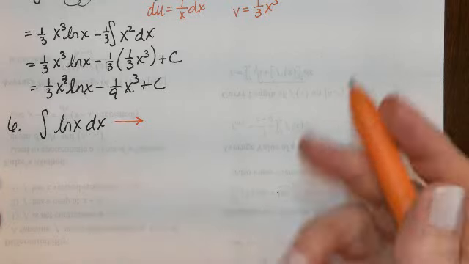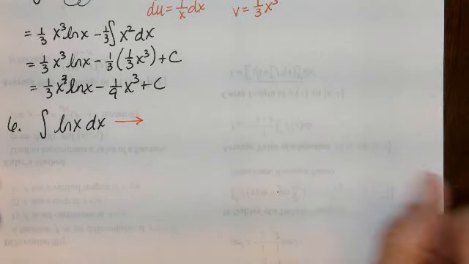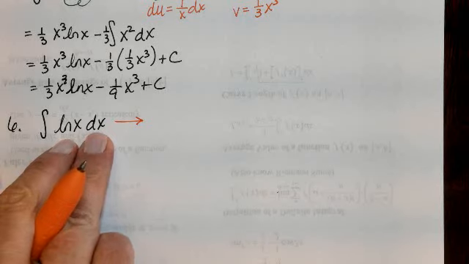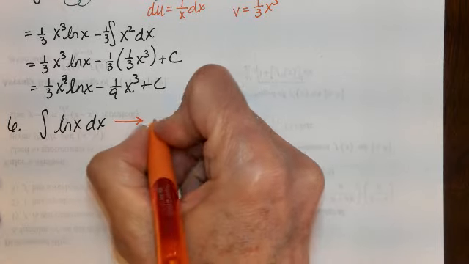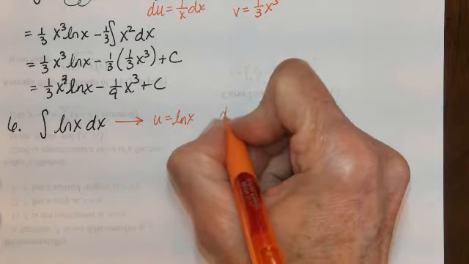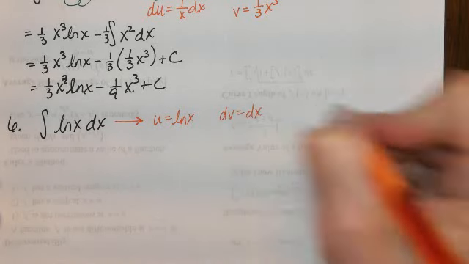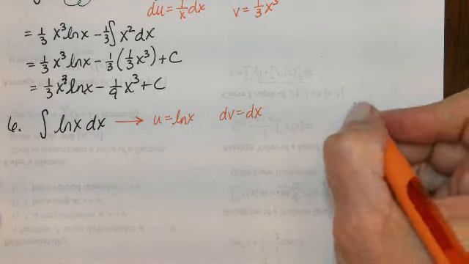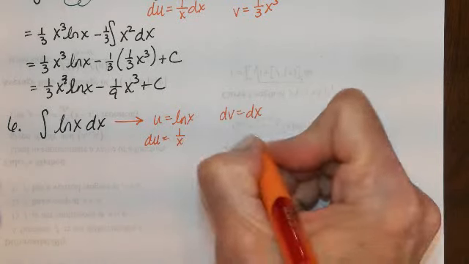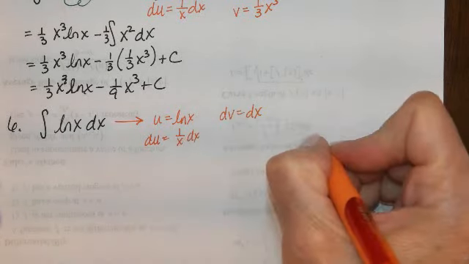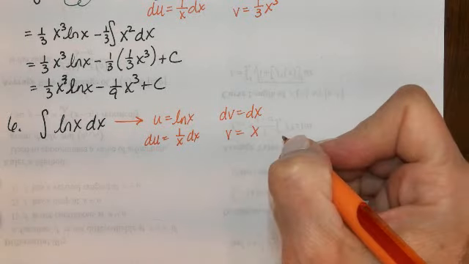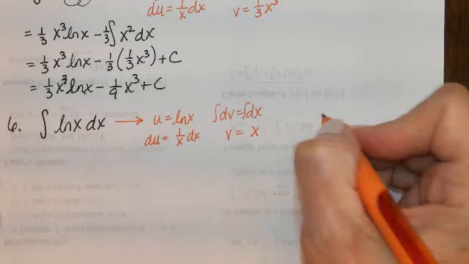You might be saying, wait, it's not even a product. But it is a product, isn't it? It's the product of two things right there. I'm going to let u be natural log x. I'm going to let dv be dx. So du is 1 over x dx. V is x when we take the antiderivatives.